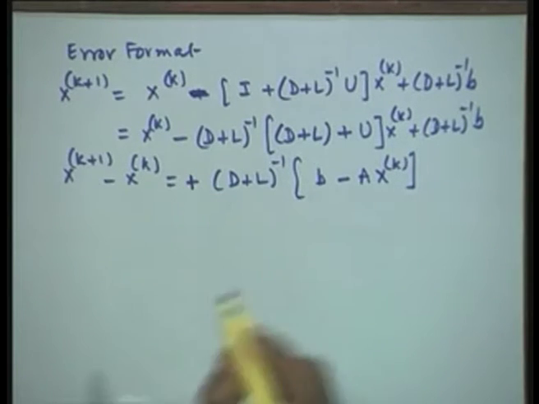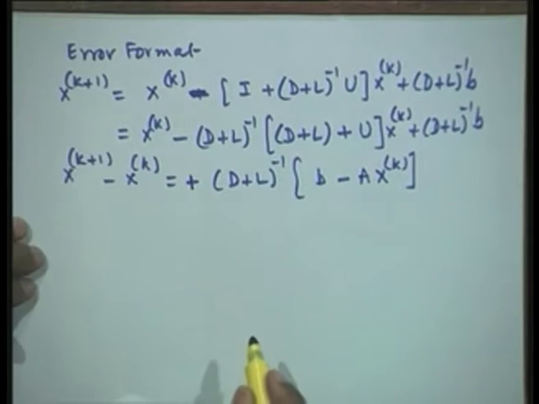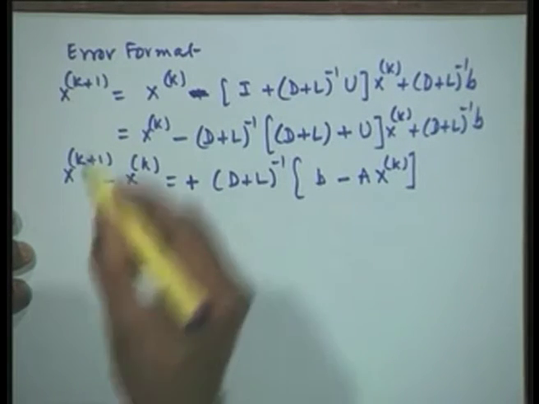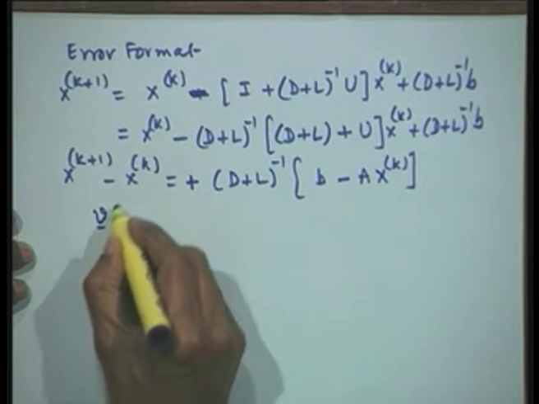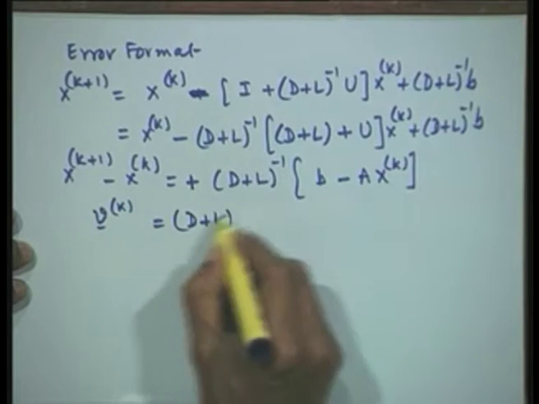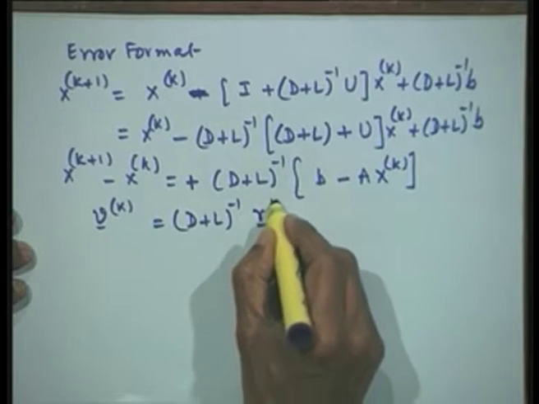Okay, we will put a positive sign here. Now, in the notation of the previous method, this will be simply v^k is equal to (D plus L) inverse of r^k.